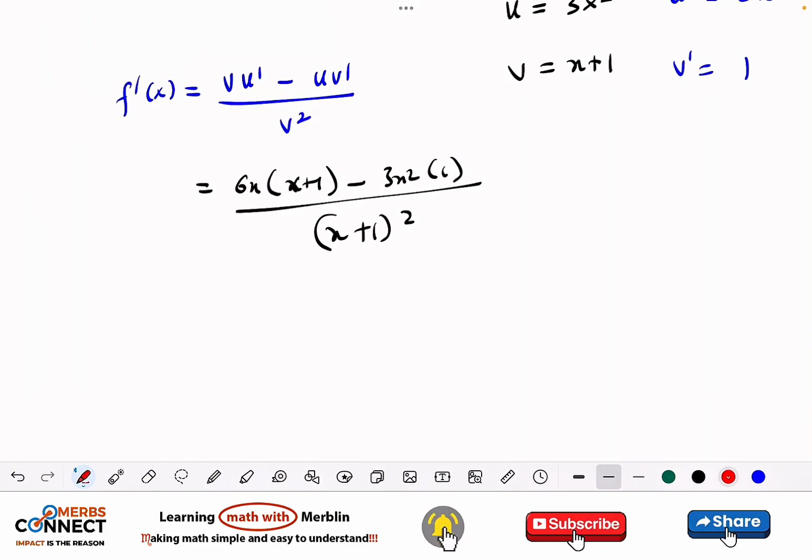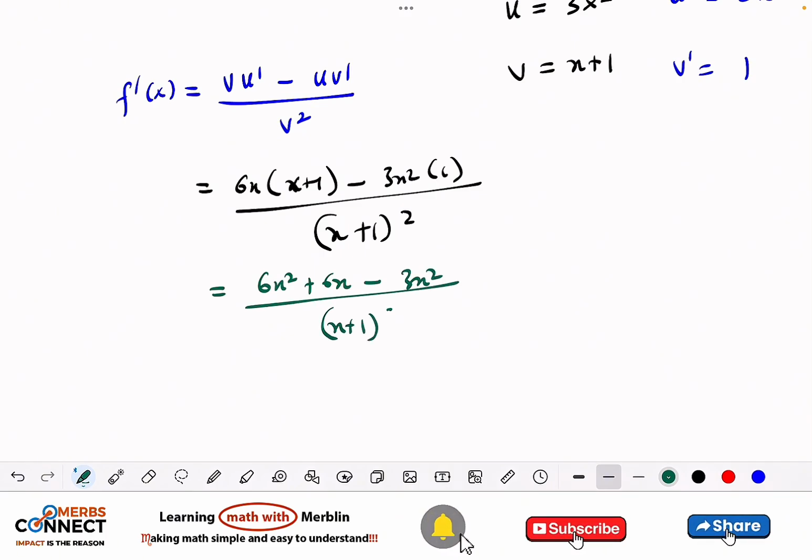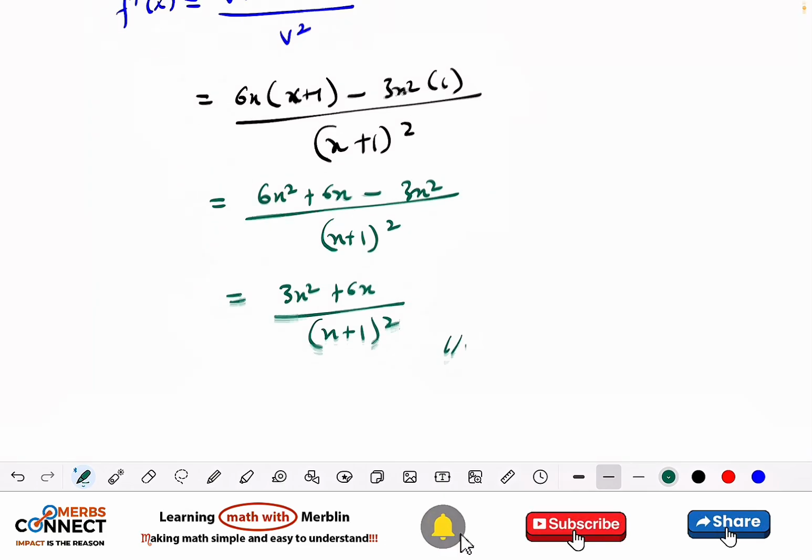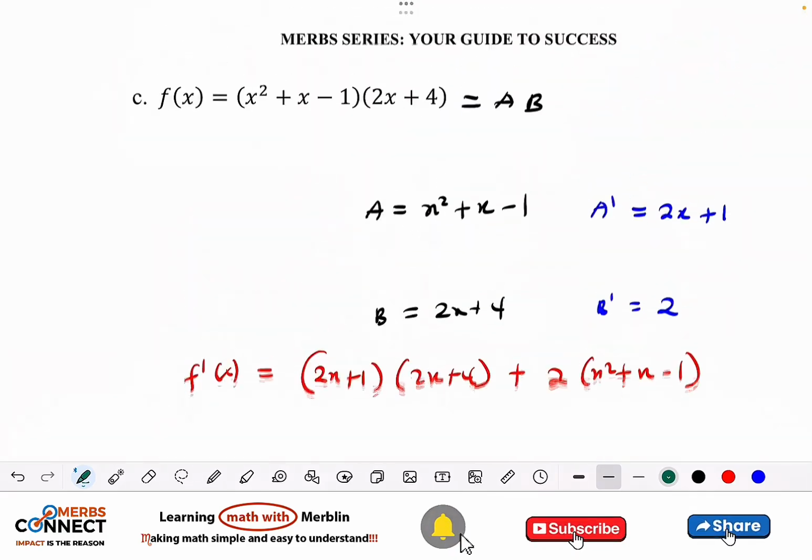I think this one we can simplify the top small. So we are going to have 6x squared plus 6x minus 3x squared. And then the top, when I do the subtraction, I'm going to have something like 3x squared plus 6x divided by x plus 1 all squared. So this is also the quotient rule.